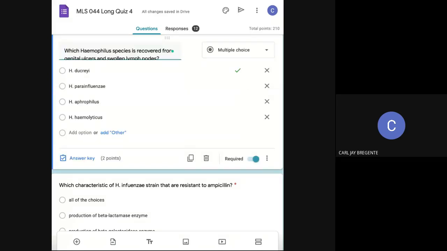The correct answer is H. ducreyi. Your H. ducreyi is the chancroid type of infection. So it is a soft chancre type of infection, a soft chancre, that is H. ducreyi. The hard chancre, that is Treponema pallidum.